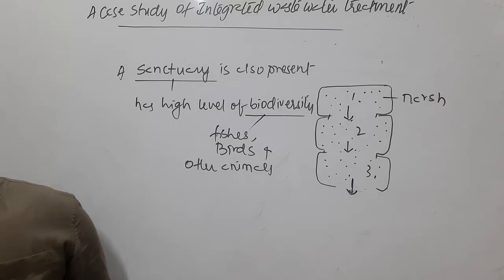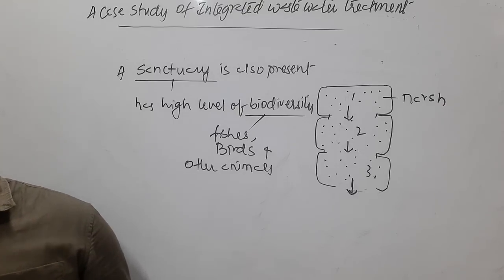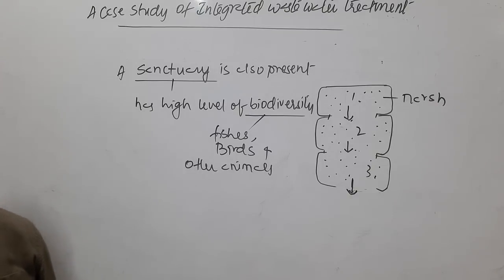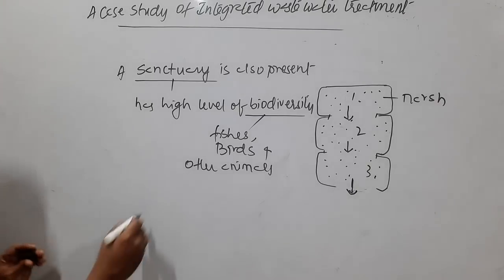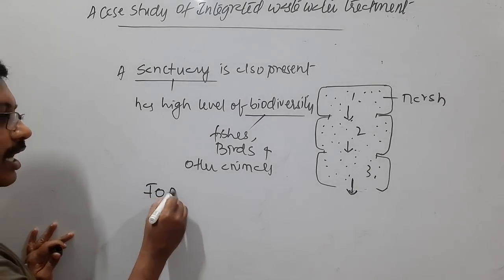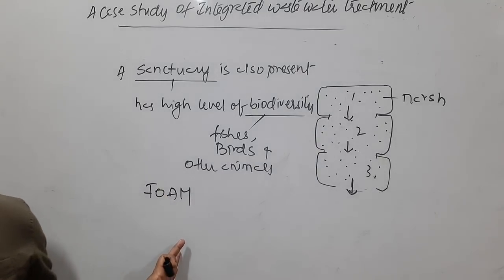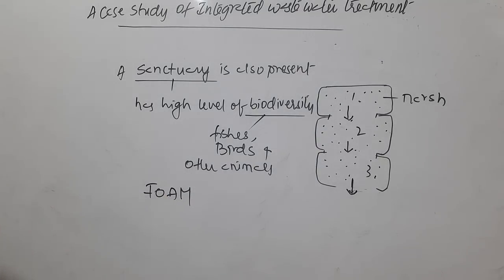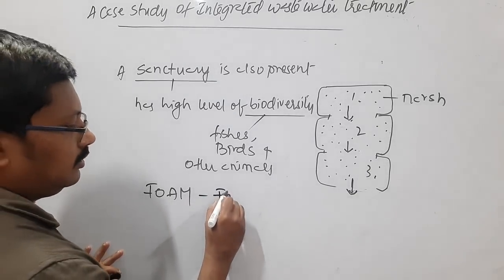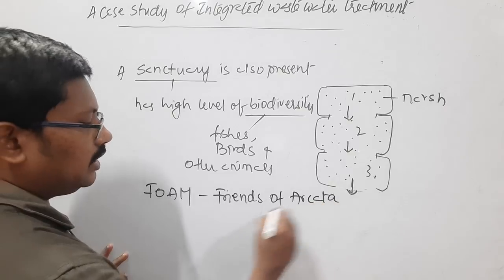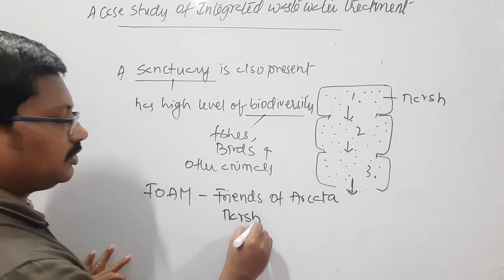Now, the residents of the Arcata area formed a group which they call the Friends of Arcata Marsh. In short, they mention it as FOAM, that stands for Friends of Arcata Marsh.